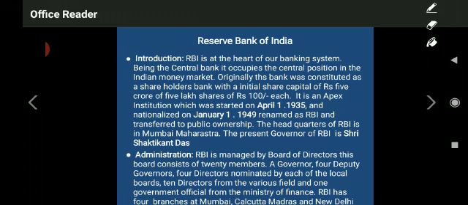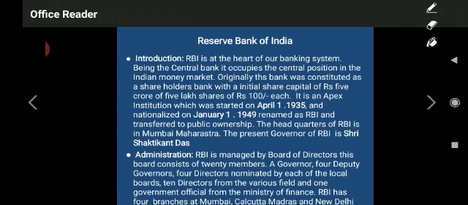Look at the slide. Reserve Bank of India. The name, the title itself tells you what the role of this bank is. What is the role of this particular bank in India?